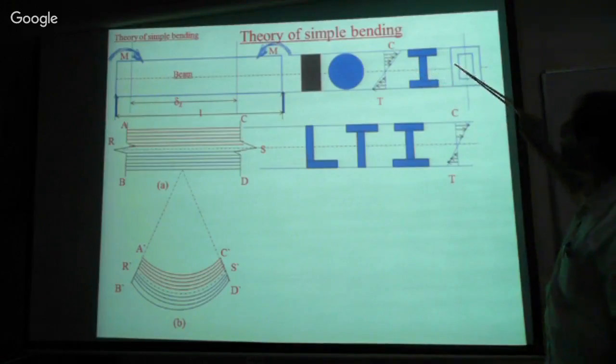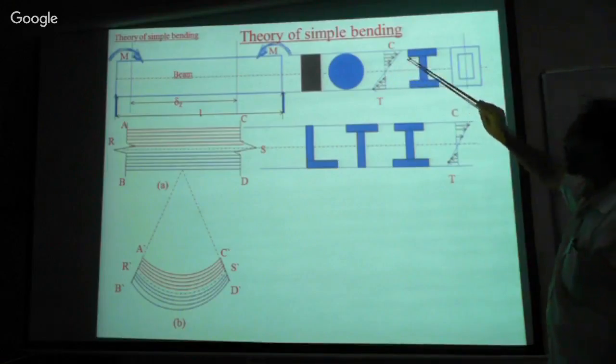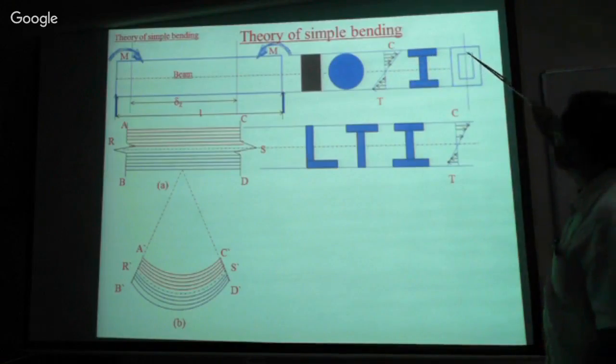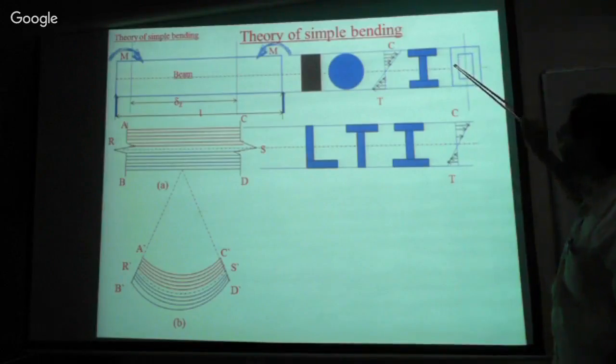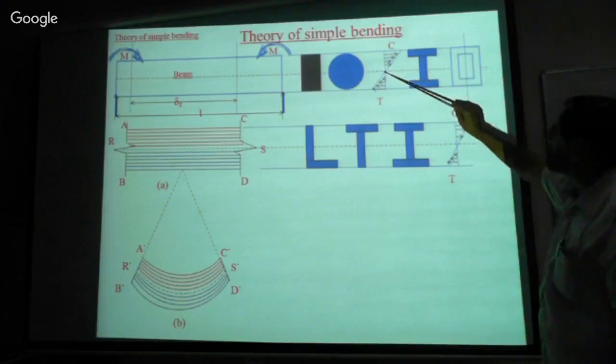And similarly, this is again a stress diagram. This is a rectangular hollow section. Here is the hollow part because we need less section here, as zero stress occurs.